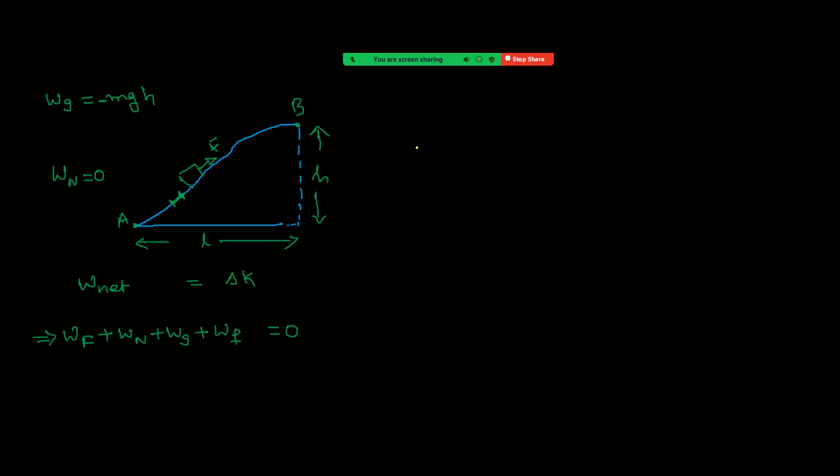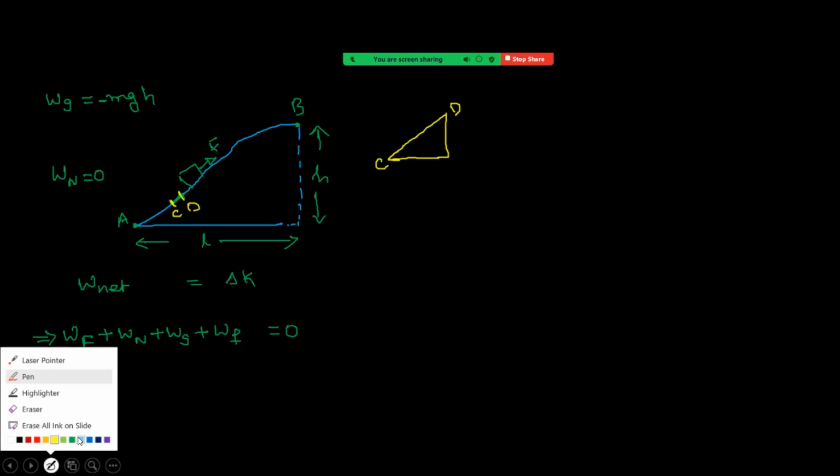So I'm taking here one small displacement on the path. For example, this is now a small displacement. Now I'm magnifying that. Suppose this is C and this is D. So after magnifying, this is C and this is D. A small displacement ds.